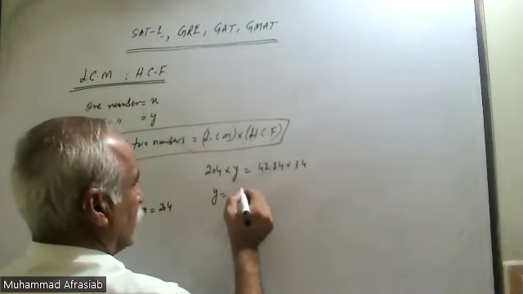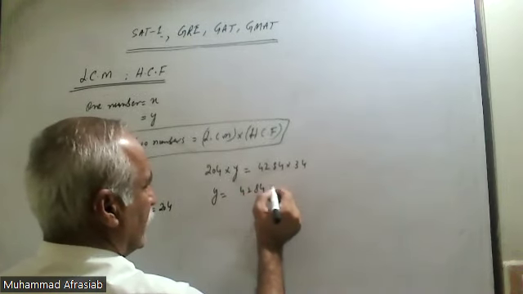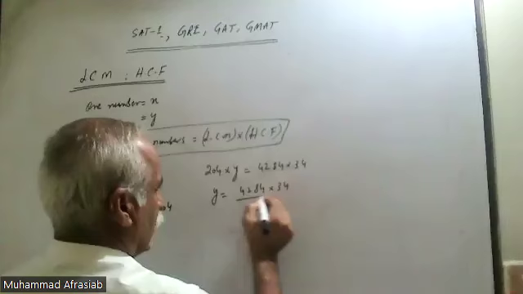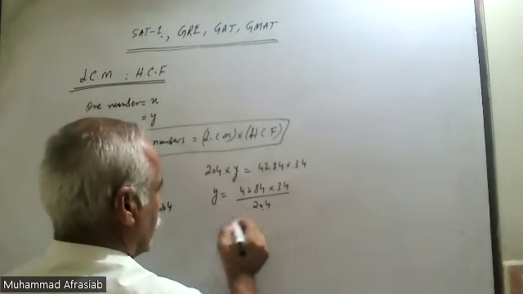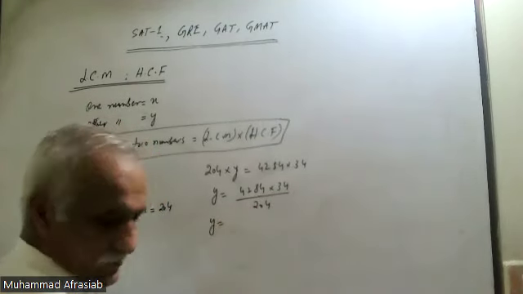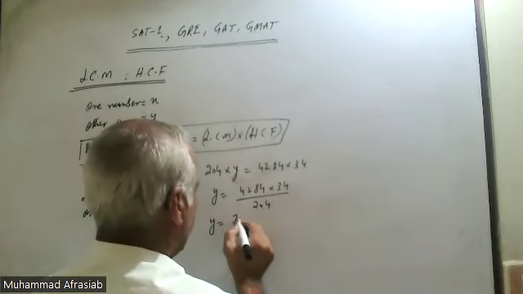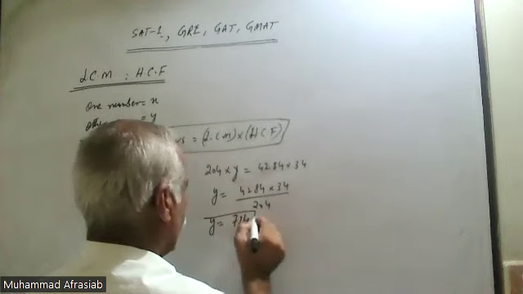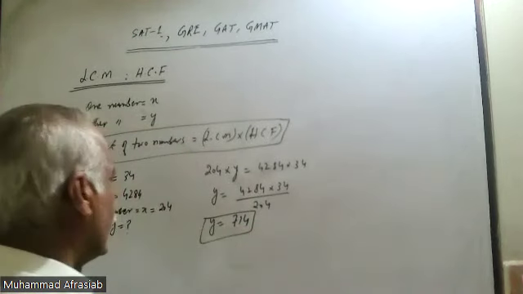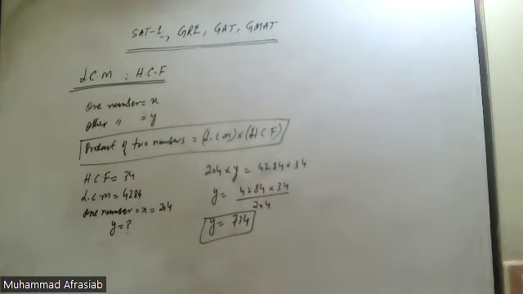So Y is equal to 4284 into 34 over 204. So Y is equal to 714. So the other number is Y, which is equal to 714.